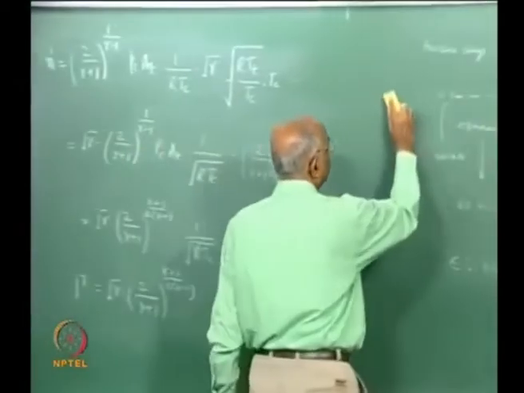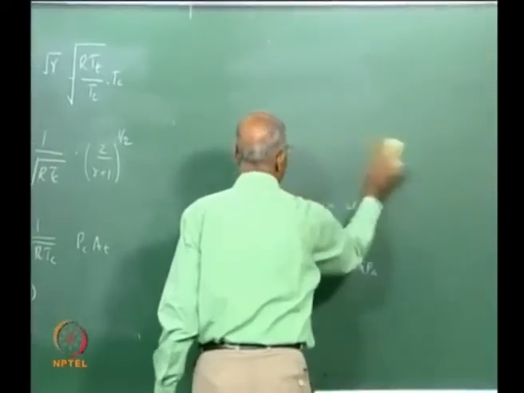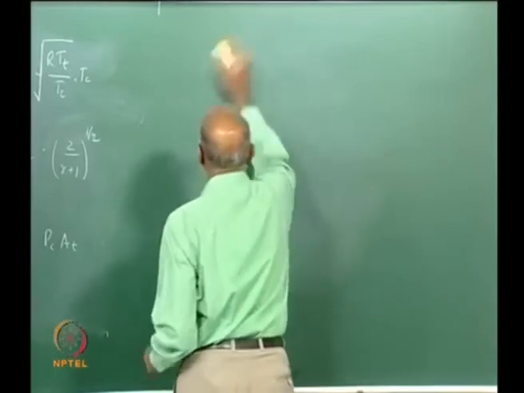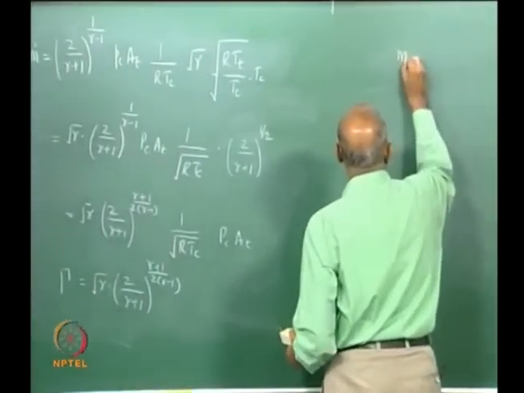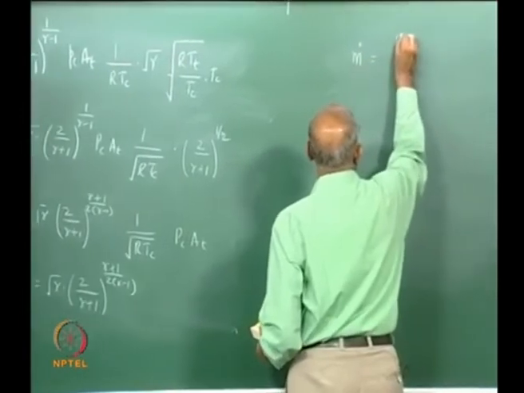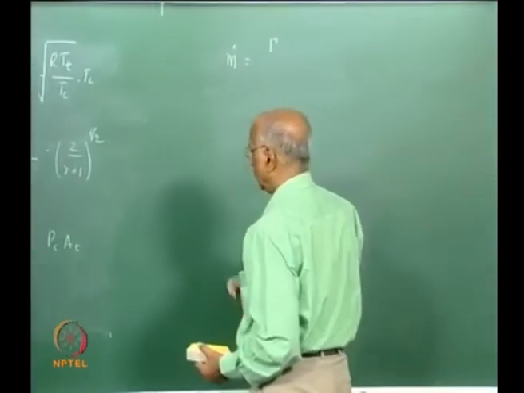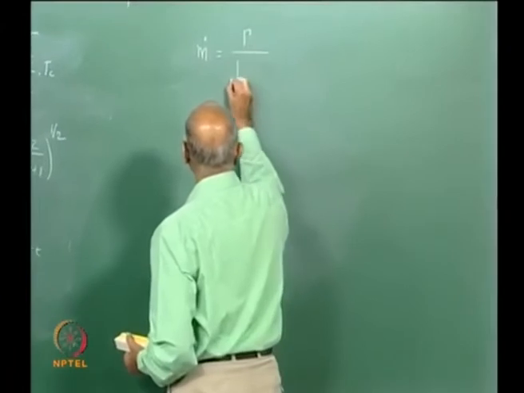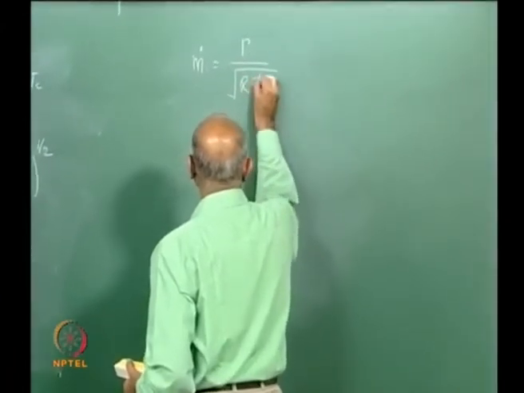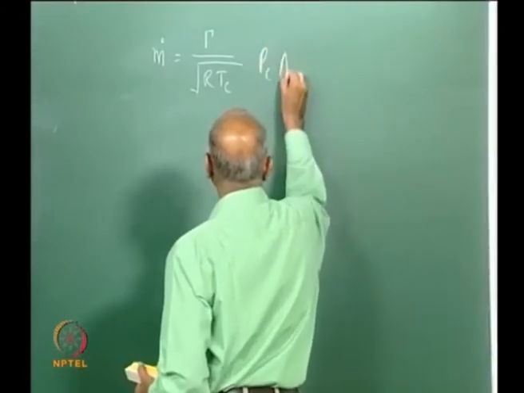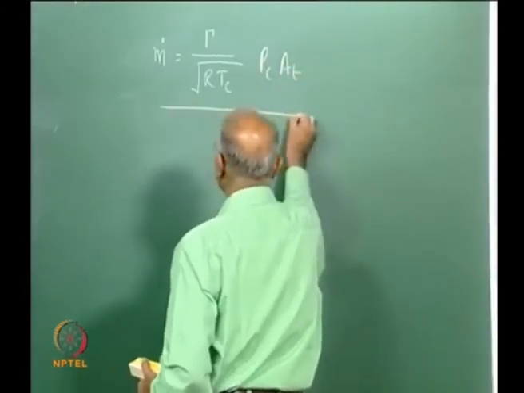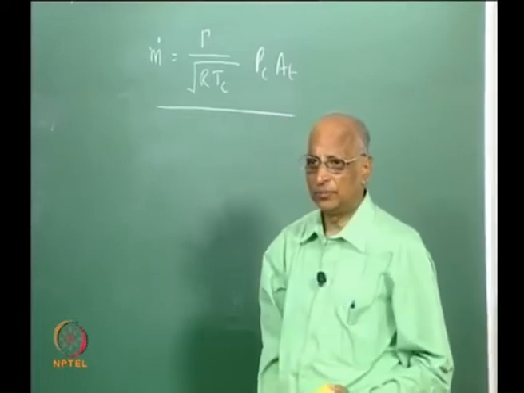In terms of capital Gamma, m dot is equal to capital Gamma divided by under root RTC into PC AT. This gives me my net flow rate, mass flow rate.